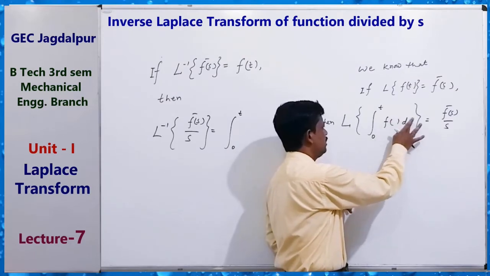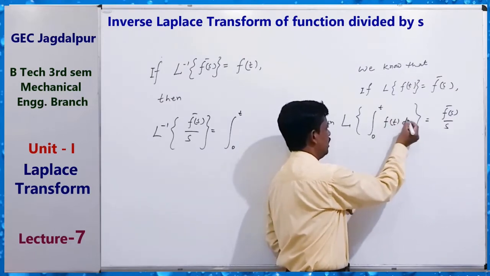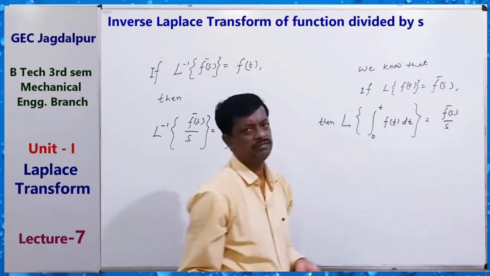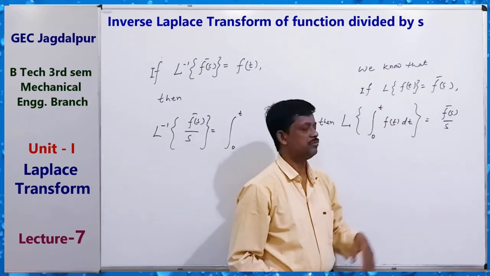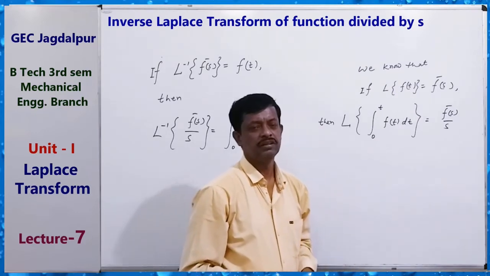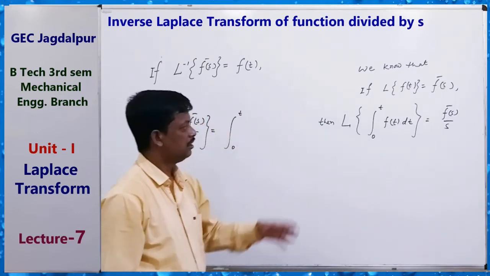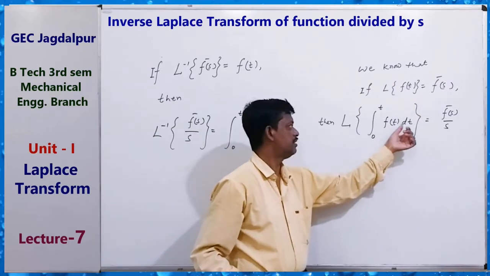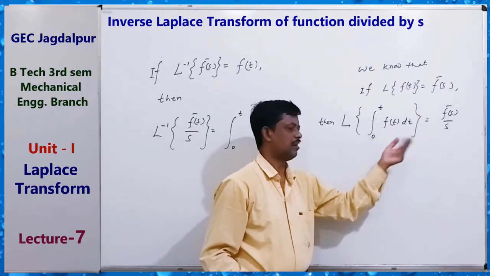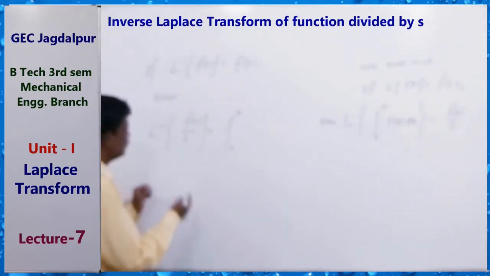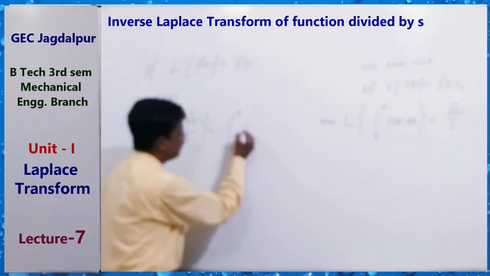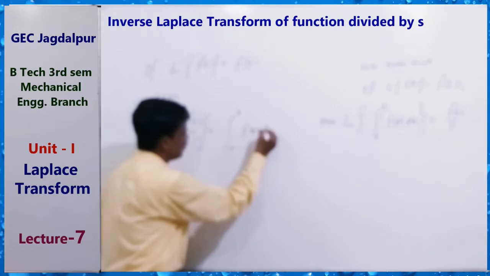You can also write f(t) dt, the same thing, because the limit is 0 to t and the function will be of t. You can also write u, or x, or anything. So this equals the integral of f(t) dt.